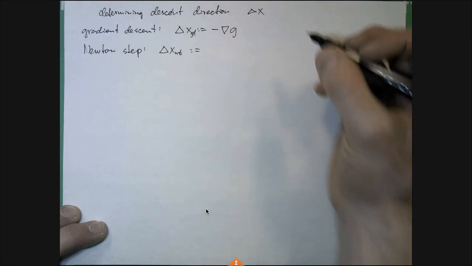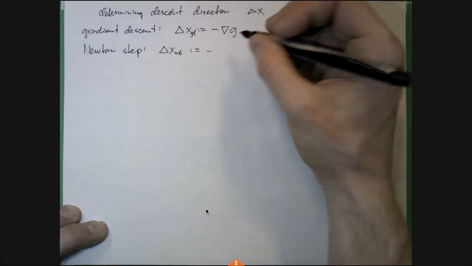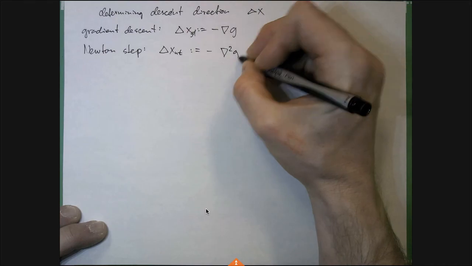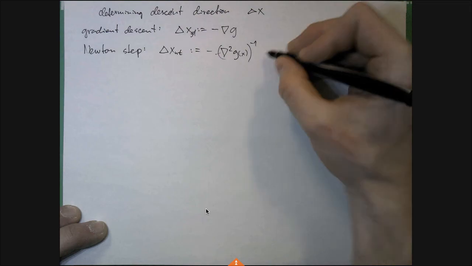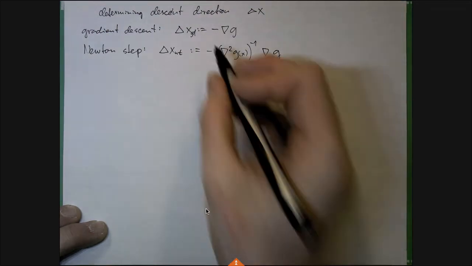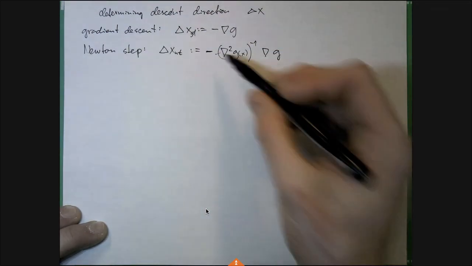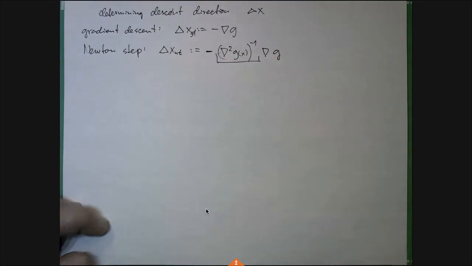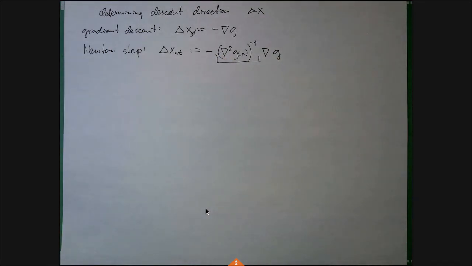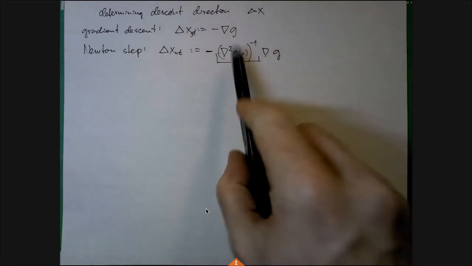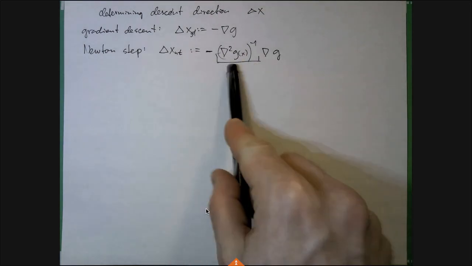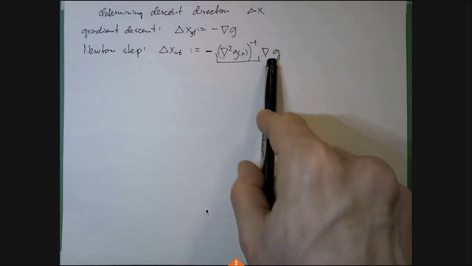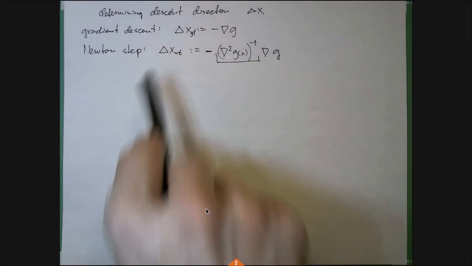The Newton step is by definition the minus Hessian of G, evaluated at x, inverse, times the gradient of G. It's almost the same thing as gradient descent, the only difference being that we multiply by the inverse Hessian at that point. We start at the initial guess, evaluate the Hessian there, invert it, multiply the gradient with it, and with the minus sign, that's the Newton direction.